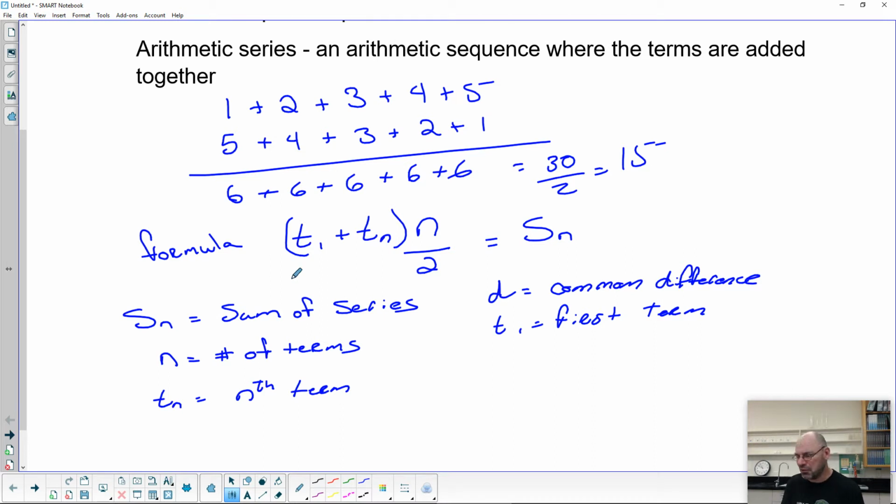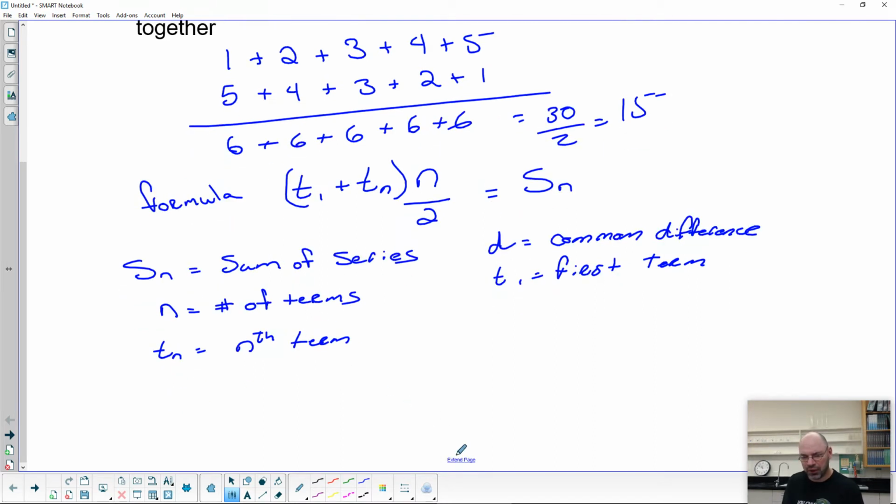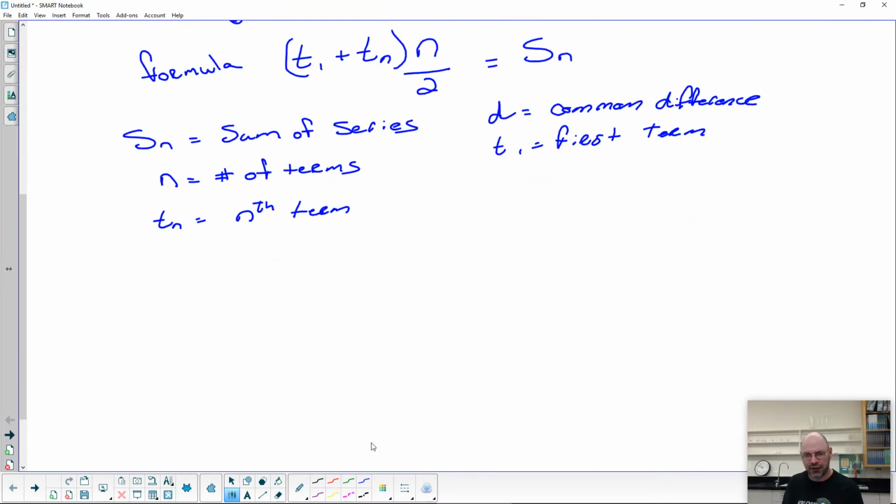Now we know we can do a math substitution and come up with a second formula. I want to write it in this form: Sn equals n over 2 times (T1 plus Tn). That's Gauss's formula.